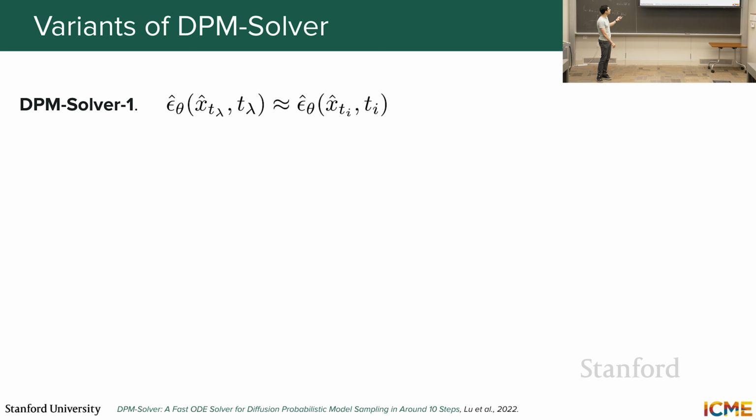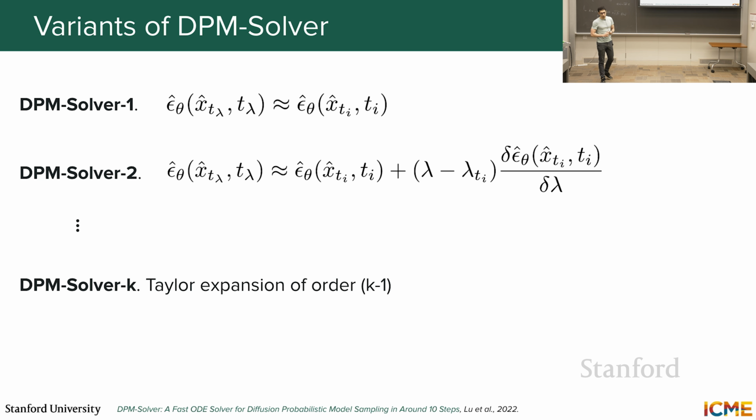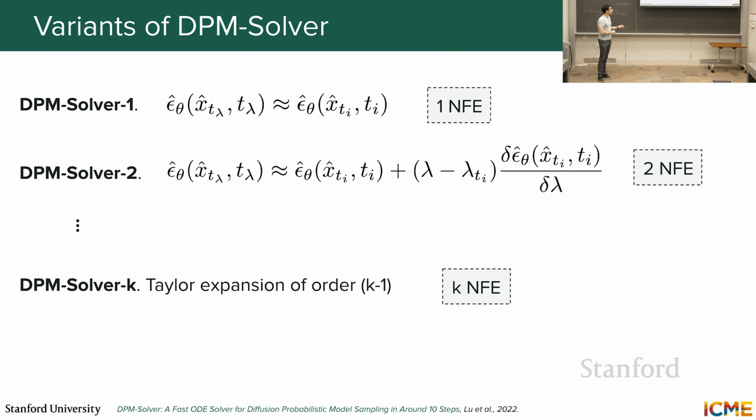So the first one is DPM-Solver 1, that the paper shows gives an equation that is equivalent to DDIM, actually. And DPM-Solver 2 uses Taylor's expansion at higher levels up to any number k. And the NFE for each is of I, sorry.